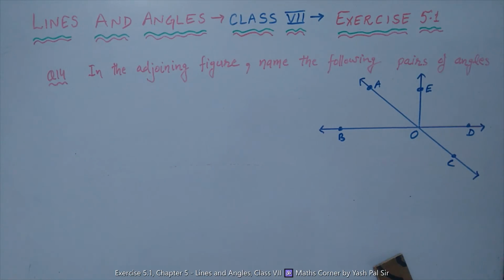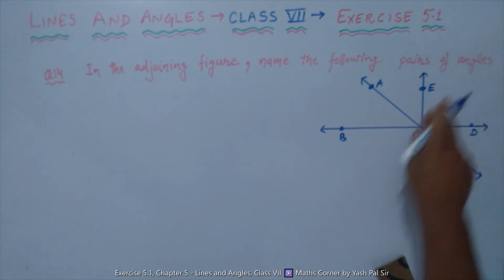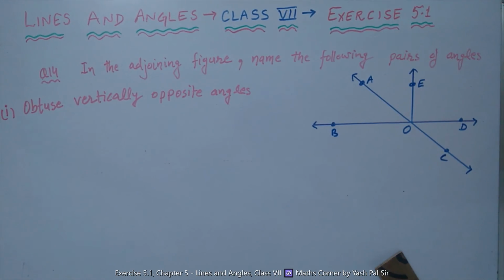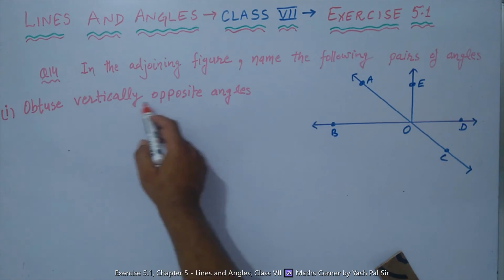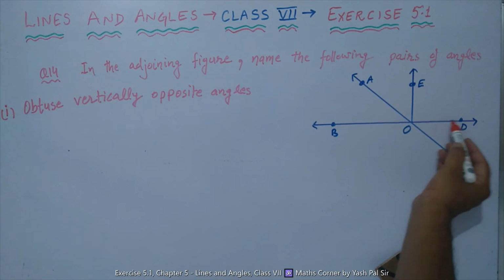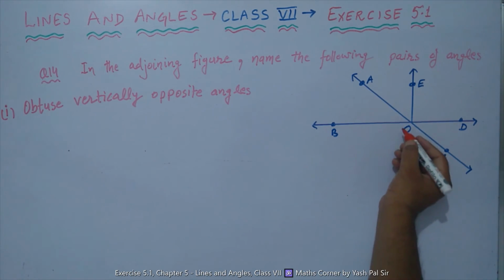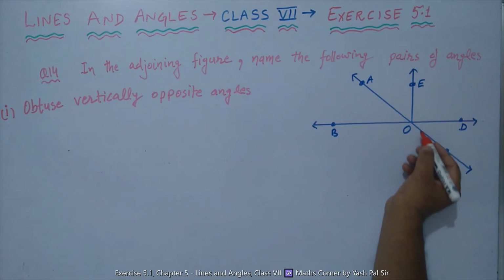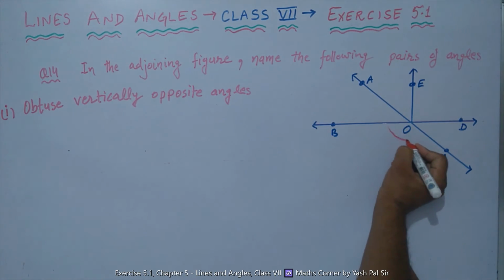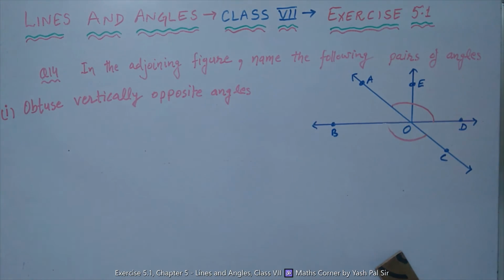Last question of the exercise. In the adjoining figure, name the following pairs of angles. This is the adjoining figure. The very first part is obtuse vertically opposite angles. So this line and this line are making a cross sign. What we see, this angle is acute, so we have this angle and this angle, they are making obtuse angles.